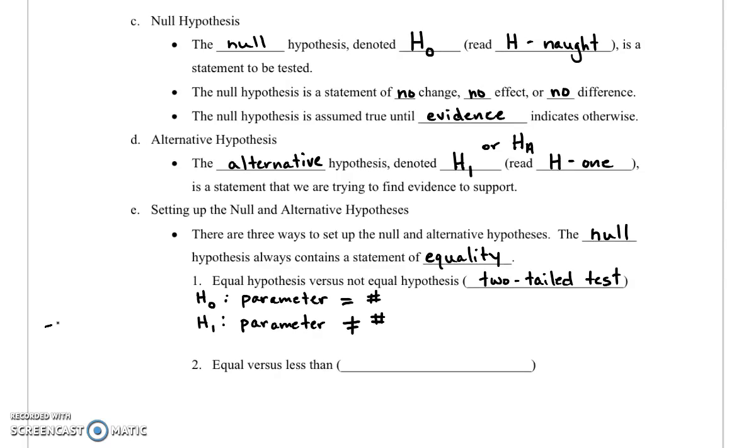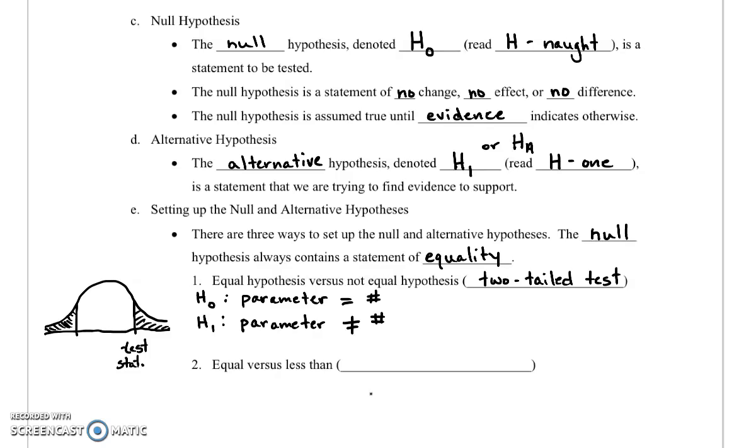And if we were to draw a little normal curve here, it's a two-tailed test. So we would have a test statistic, and we're looking at the two tails.